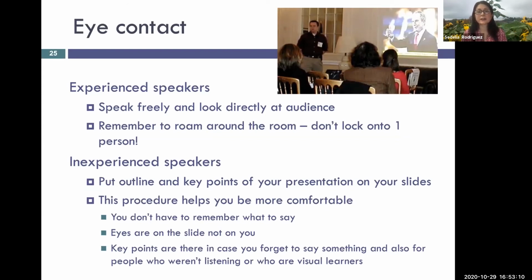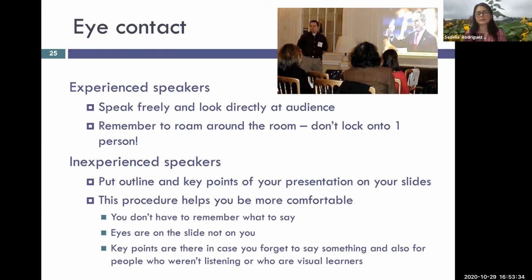Eye contact is very important, but with Zoom, I think I've gotten more used to it than I was initially, looking up at the camera. I think I'm a little more comfortable, and hopefully you are too, but you're not really looking at an audience. I'm looking at the PowerPoint right now, and I can only see a few people on the side.